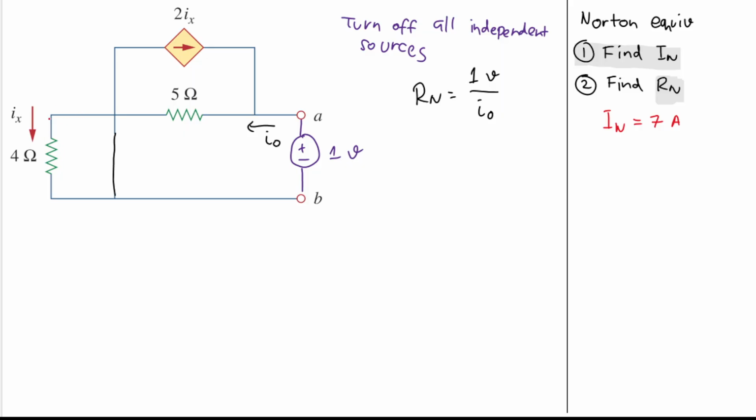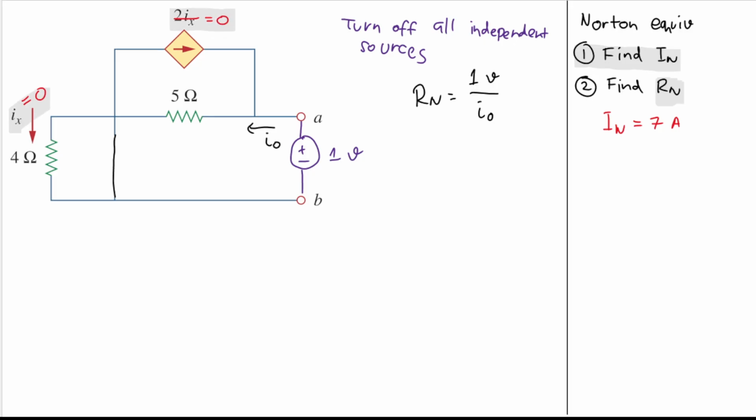That means Ix is equal to 0, and because this source depends on Ix, 2Ix is also equal to 0. A zero-current branch is an open circuit, so this one and this one are open circuits.